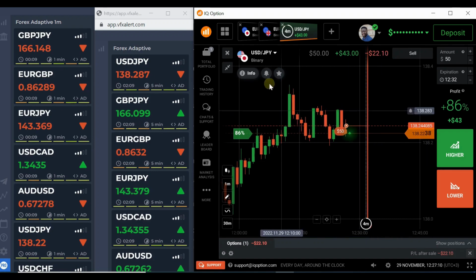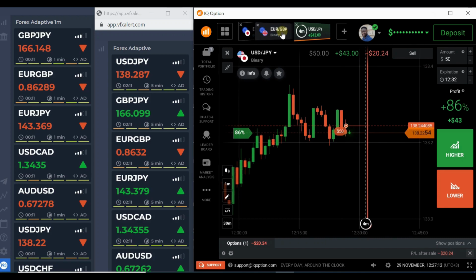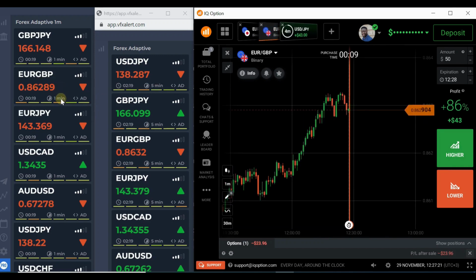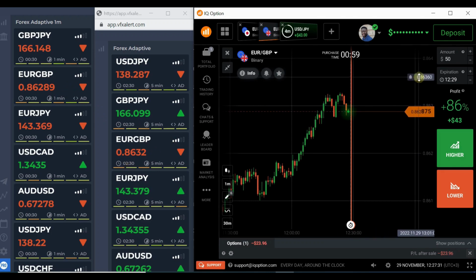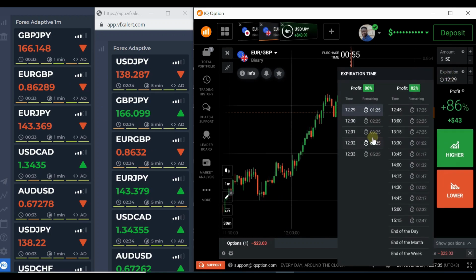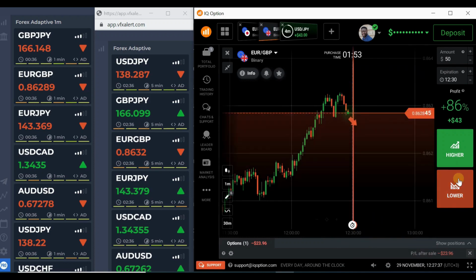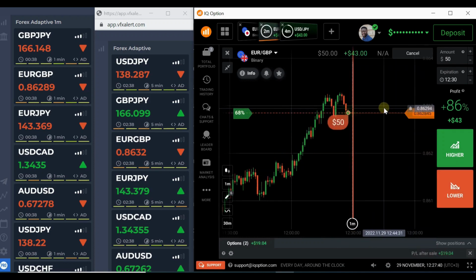Then we can look for another opportunity. This Euro GBP, it's also down. With 1 minute, it's down. With 5 minutes, it's down. But with the 5 minutes, we are remaining with the expiry period of around 2 minutes. So I can do an expiry period of around 2 minutes. Then I do a put option.